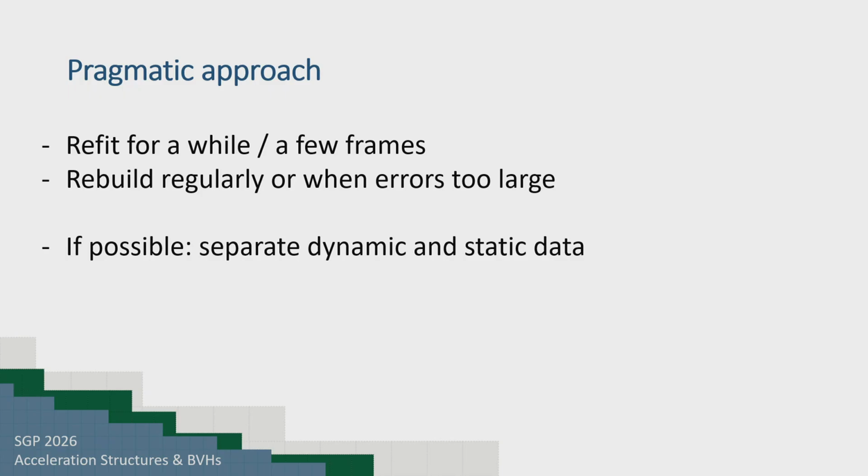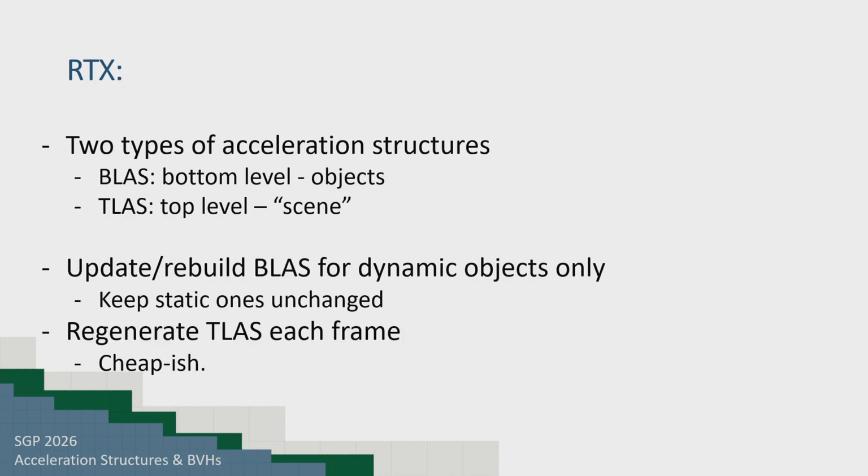Just rebuild it. One thing to consider is also to keep your dynamic data separate from your static data. Static data doesn't change, so you don't need to update it, you don't need to rebuild it. So if you know that you have some dynamic stuff and some static stuff, try to keep them apart. And this is something that RTX, our hardware ray tracing, does.